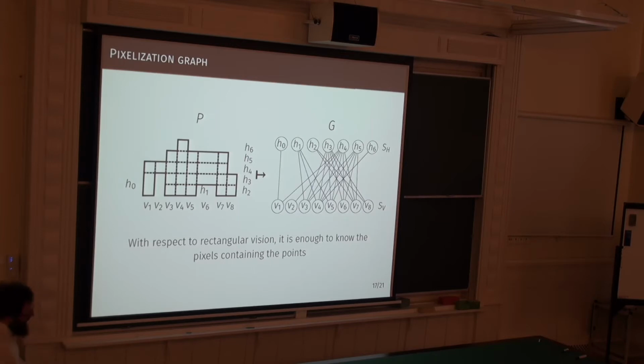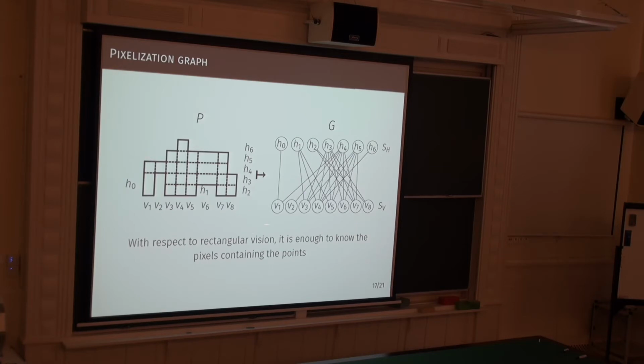Okay, so a few words about the proof. The main idea is to construct the pixelization graph and translate this whole problem to the graph. So what's the pixelization graph? First, we cut our polygon at each reflex vertex vertically, and we get a set of vertical slices, which are rectangles of the polygon.